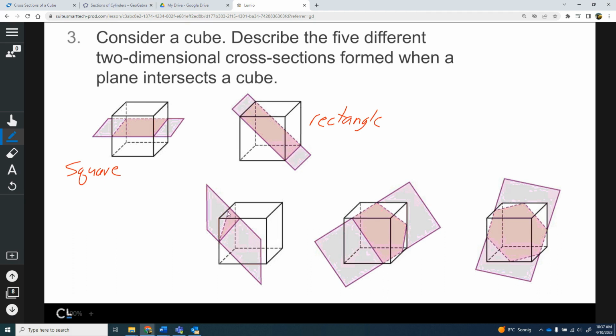That's cutting off the corner here. What's this one going to be? A pentagon. And then here we have hexagon. So this goes back to that samurai sword cutting stuff where we could see what we got.